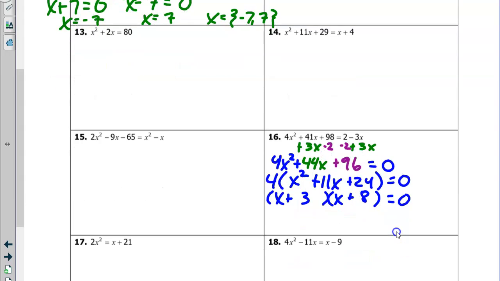Now set them each equal to 0, so x plus 3 equals 0. What will x equal for that one? Good. X plus 8 equals 0. Now what will x equal? Solution set. Negative 8, negative 3.